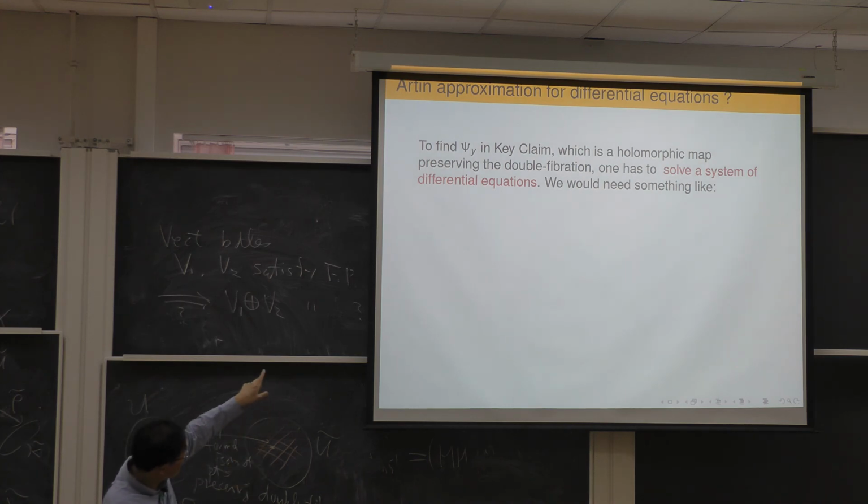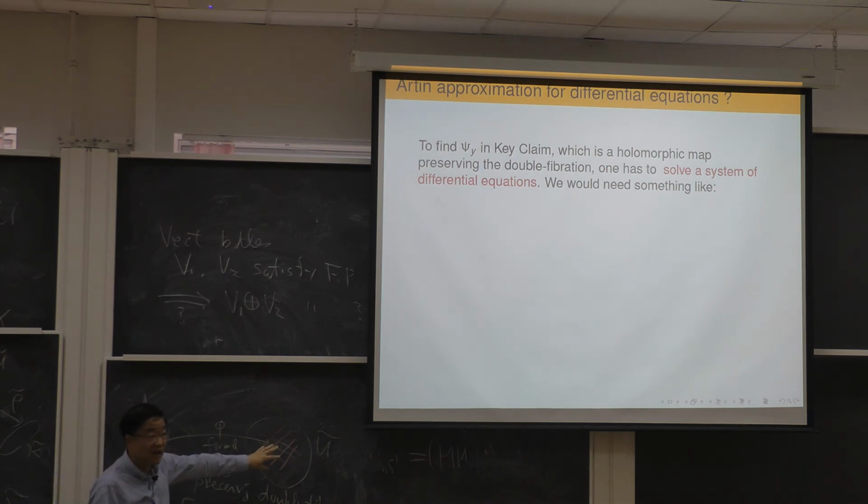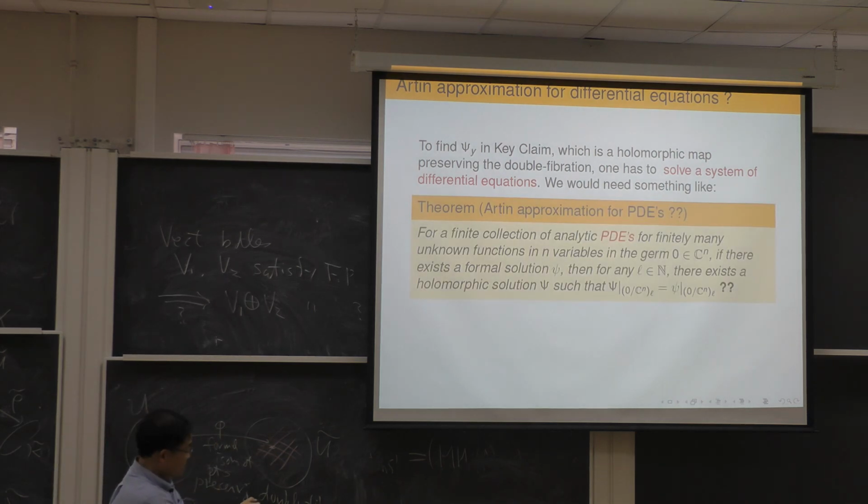To prove the key claim, you have to solve a differential equation. The condition of preserving the double fibration is not an algebraic or analytic equation; it is a differential equation. So one hopes to have this kind of Artin approximation for PDEs. You are given a finite collection of analytic PDEs in n variables, since the double fibration is a kind of PDE. And suppose you have a formal solution of the PDE.